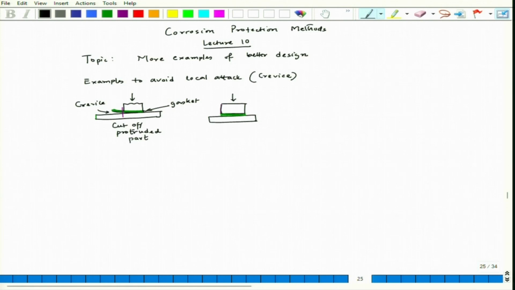Now, let us say we have a tank or vessel. Let us say this is my vessel. One can keep it on top of a flat platform. So, this is my platform, and this is the vessel.